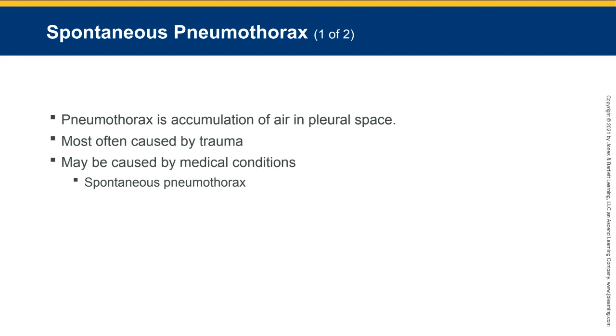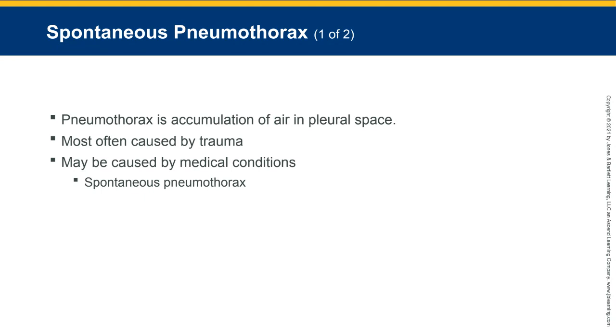Now, patients with chronic respiratory problems, chronic asthma, chronic COPD, they have been having the condition for a while. Once it's chronic, they're at risk. So the lining can rupture spontaneously and air collects and the lungs start to collapse.